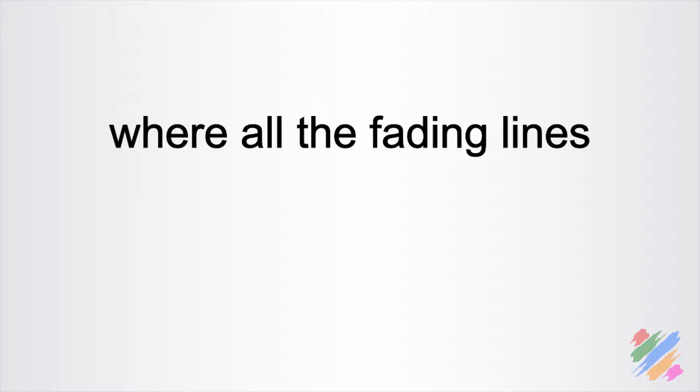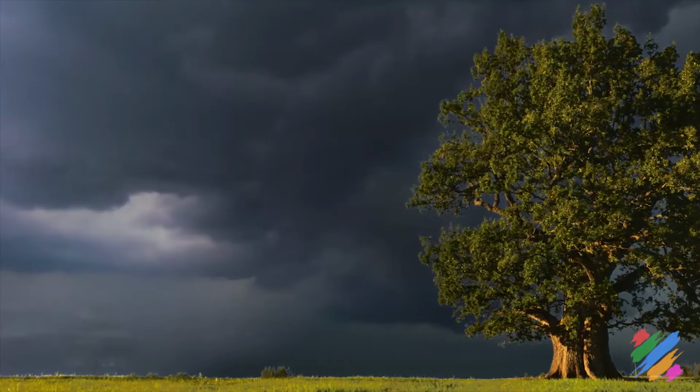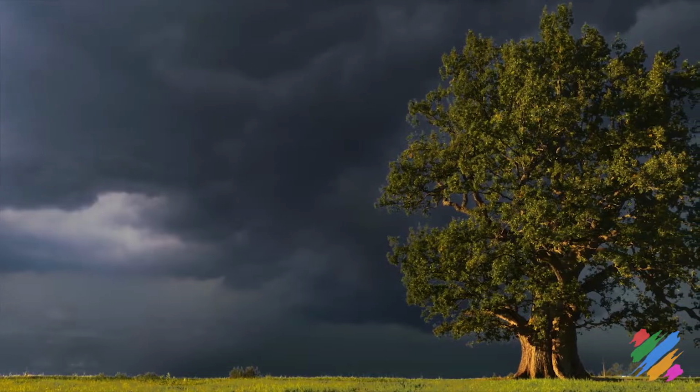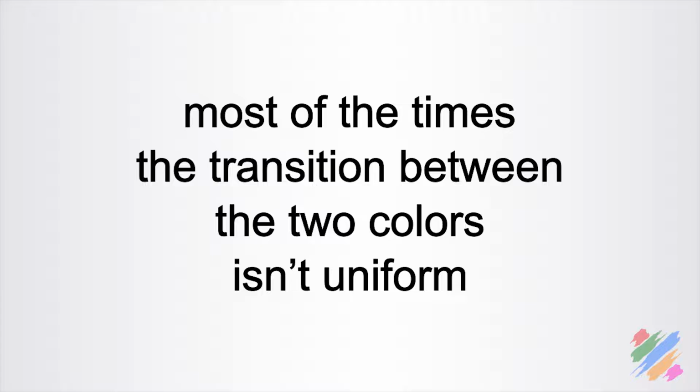All the examples that we have seen until now belong to a specific type that we will call uniform fading, where all the fading lines are parallel between them. But in the real world, this doesn't happen very often, and most of the time the transition between the two colors isn't uniform.